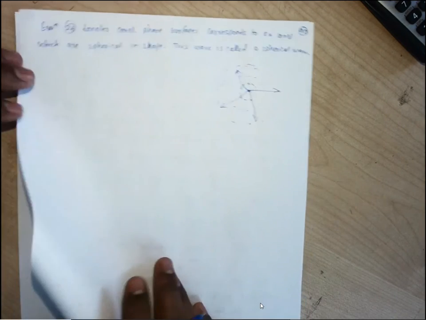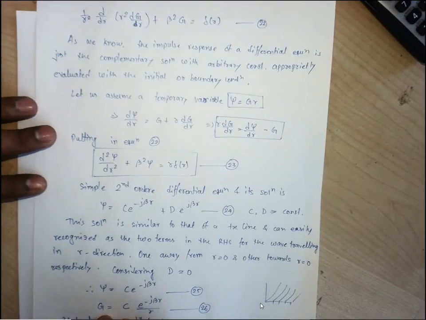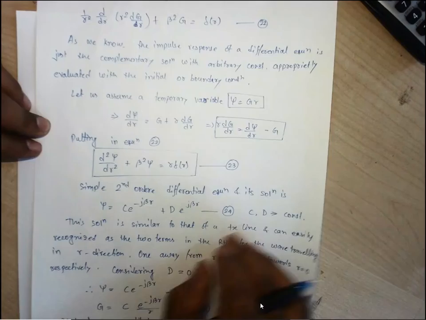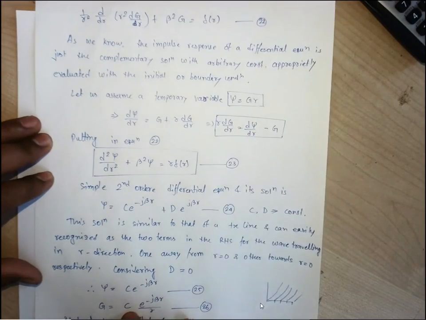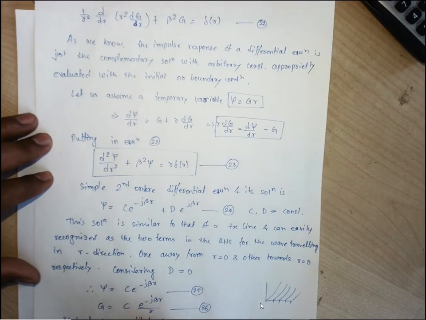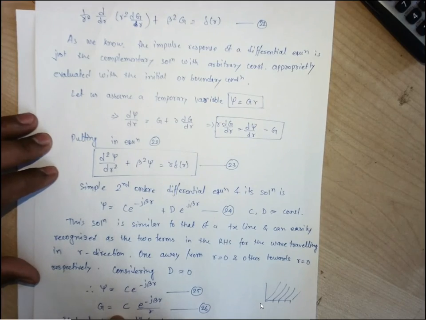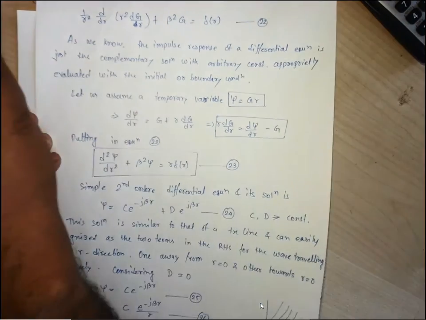Now for this equation 26, if we are able to take out this C, we can get the value of this g. Once we get the value of g, we will put it in our previous equation.